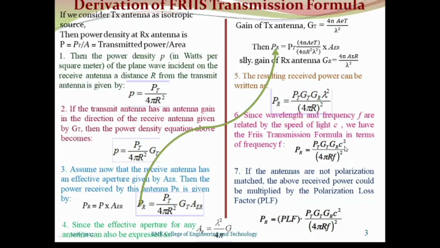If the antennas are not polarization matched, the above received power should be multiplied with the polarization loss factor. The polarization loss factor is used to find out the degree of mismatch in the orientation of the transmitter as well as the receiver. So the received power can be calculated by taking the loss factor multiplied with the remaining terms. So this is the Friis transmission formula for any case.